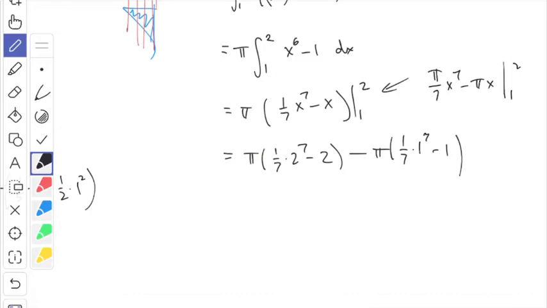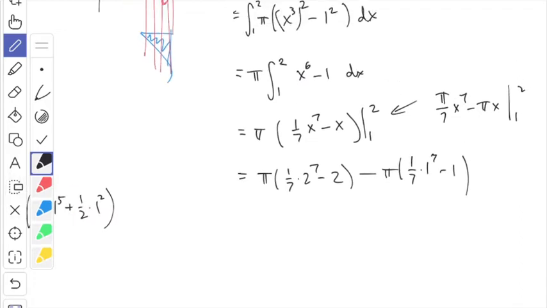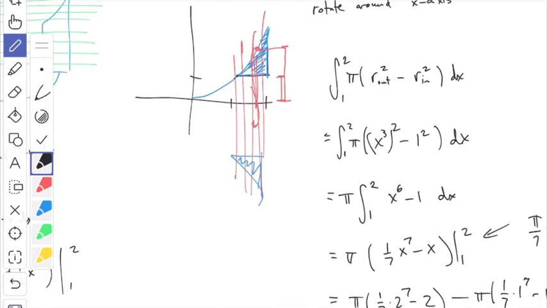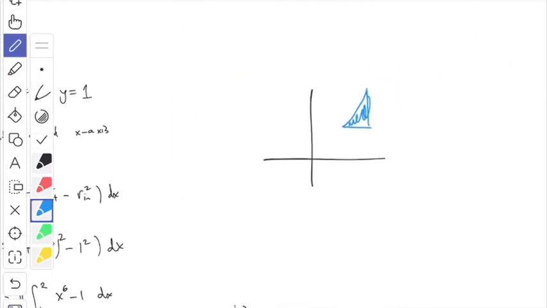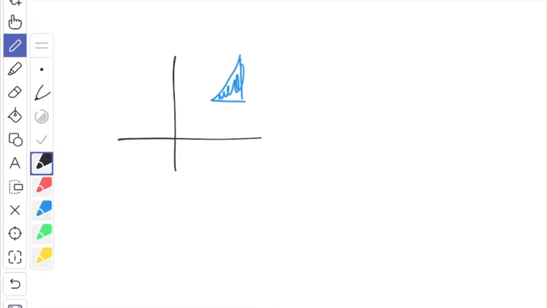All right. Do you want to try that rotating around the y-axis? Let's try that. Rotate the same shape around the y-axis doing washers. And then I think we can move on to something else, unless you really love these guys. So again, the shape is here, but this time I'm going to rotate it around the y-axis this way.